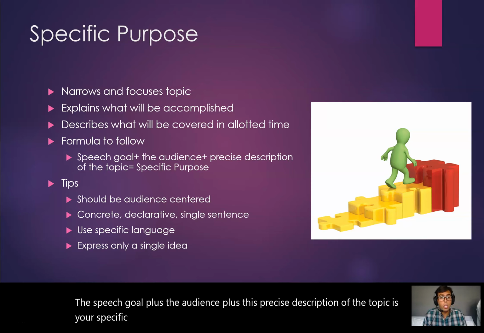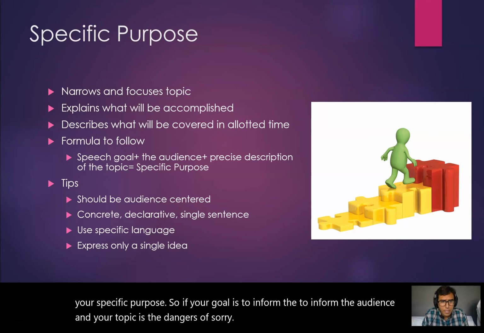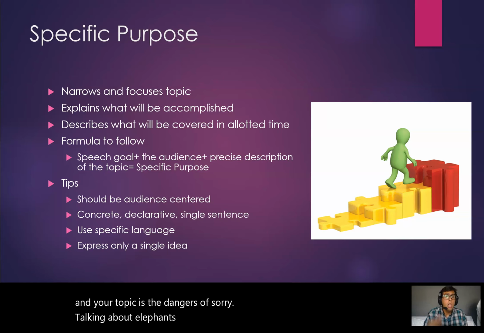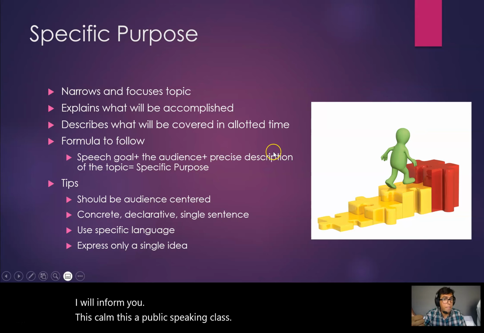So if your goal is to inform the audience, and your topic is the dangers of talking about elephants, then you'd say, today I will inform you, public speaking class, about the plight of elephants.